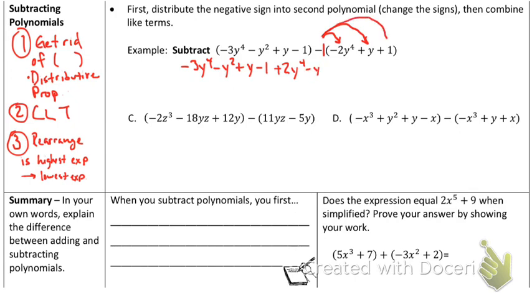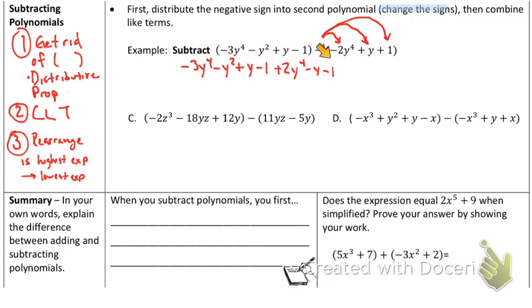And negative 1 times positive 1 gives me negative 1. So if you notice, when we distribute a negative sign into the second polynomial, we're essentially just changing the signs.